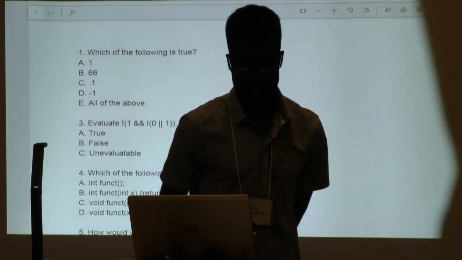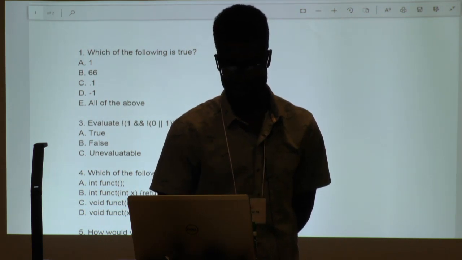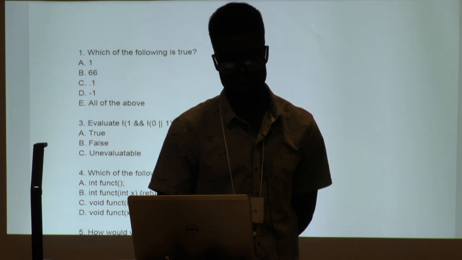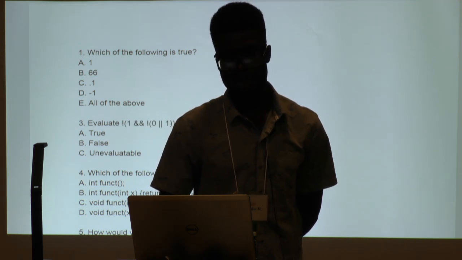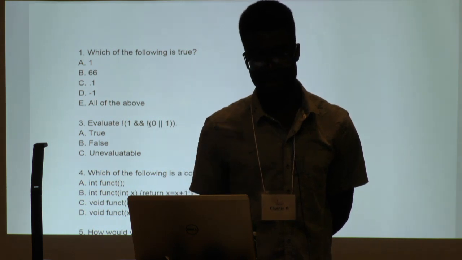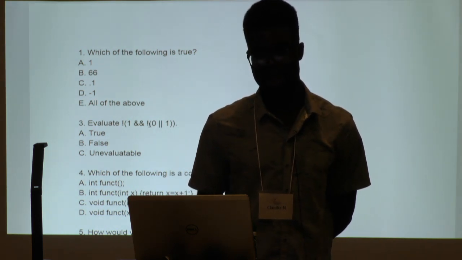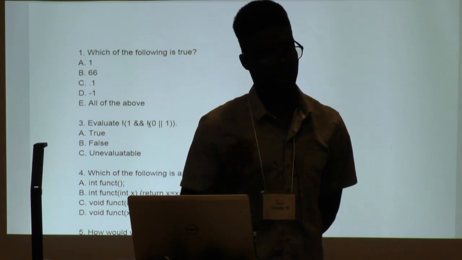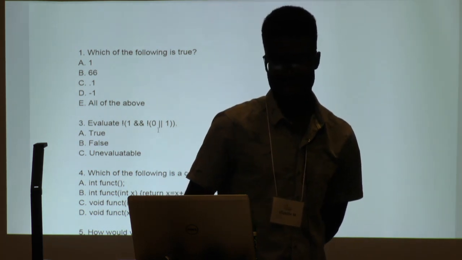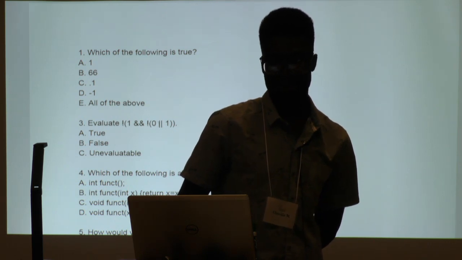So we have a pretty complicated looking relation. The way I'd say to tackle this problem would be to start with the innermost relation and evaluate that and work your way outwards. If we look at the most inner relation, that is 0 or 1.